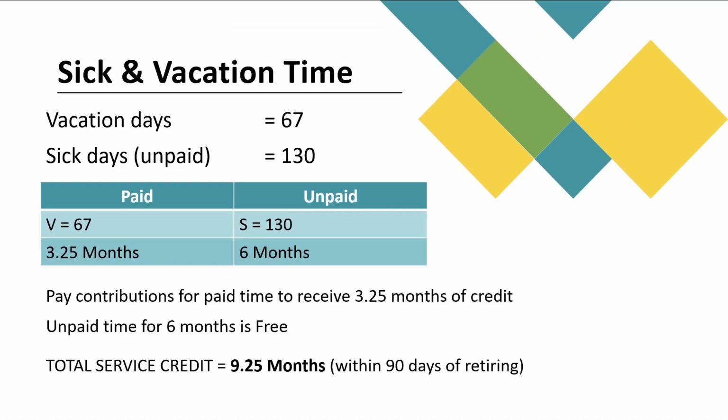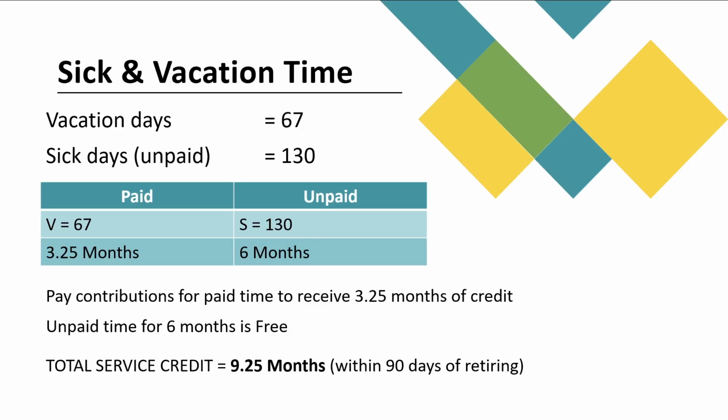Just as an example, we threw this one out there. A member that ended their career with 67 payable benefit days, vacation days, would get them 3.25 months of service credit. We would require contributions collected off that lump sum payment to establish that 3.25 months.